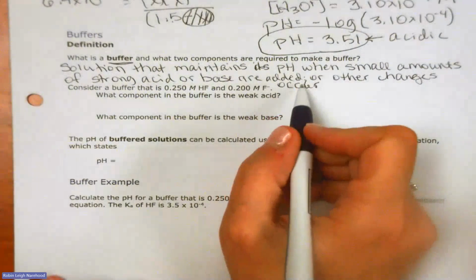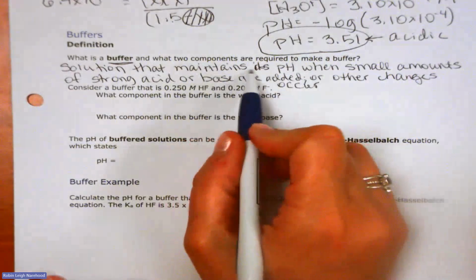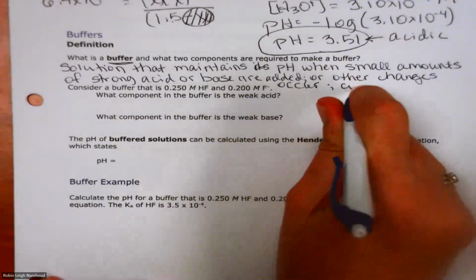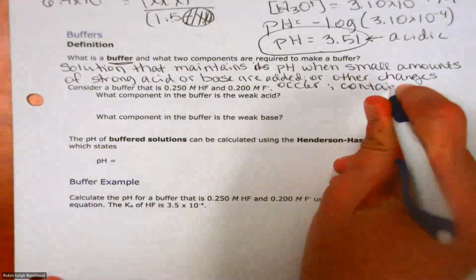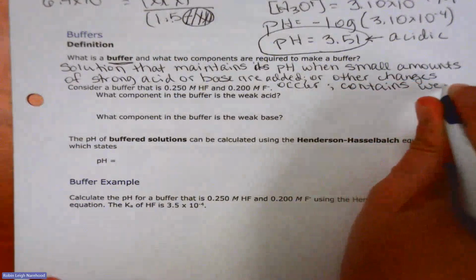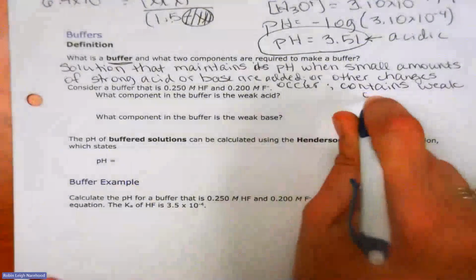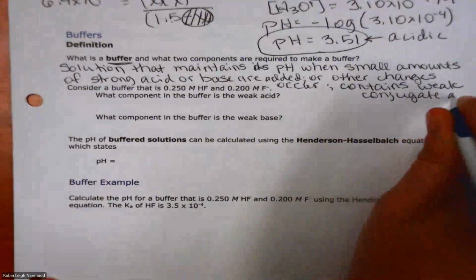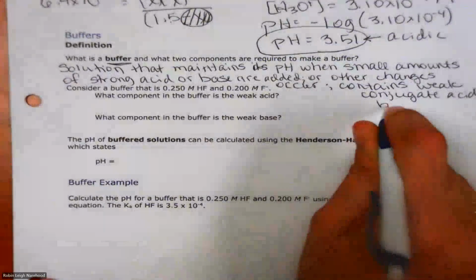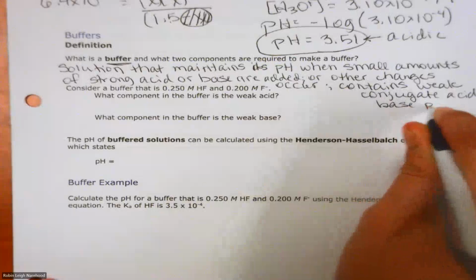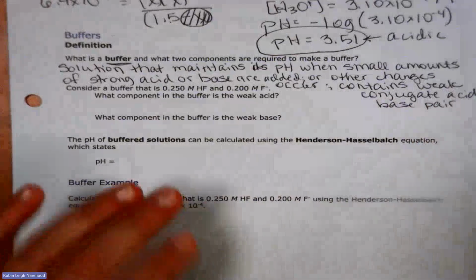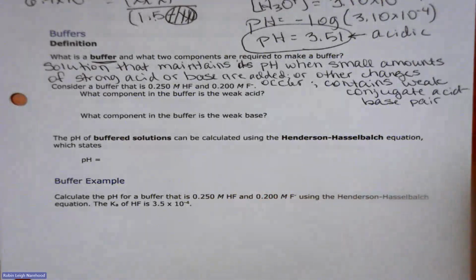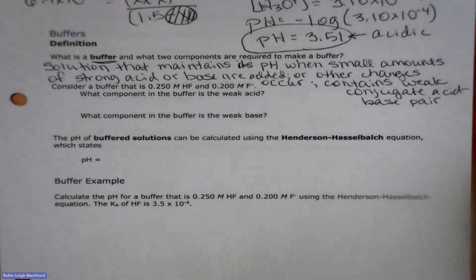The way that a certain pH level is maintained is because the buffer contains a weak conjugate acid-base pair. Anything that is truly labeled as a buffer needs both an acid and a base already present in the solution.